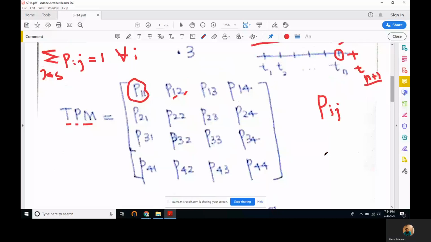Here there are 4 states, therefore the size is 4 by 4.